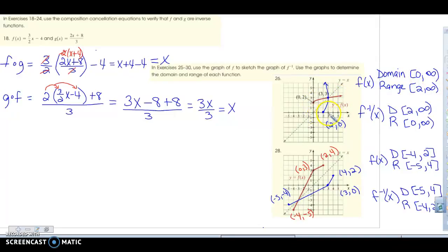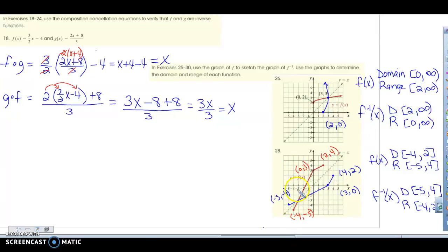I can now answer the same question looking at the blue graph, or I can simply take these answers and switch them, because remember, the inverse function will have the opposite domain and range of the original function. So notice here we took the domain and made it the range of the inverse. We took the range and made it the domain of the inverse.